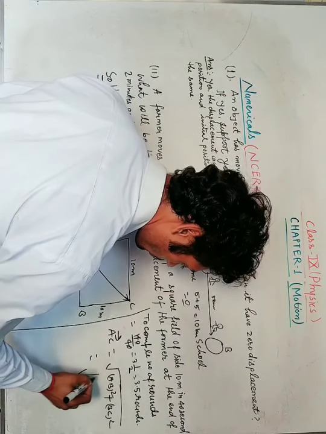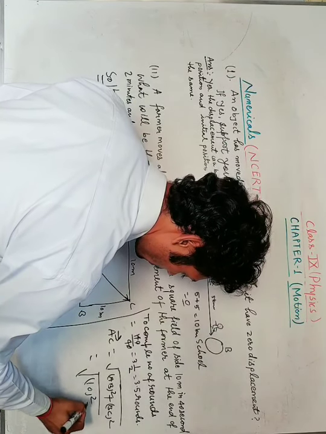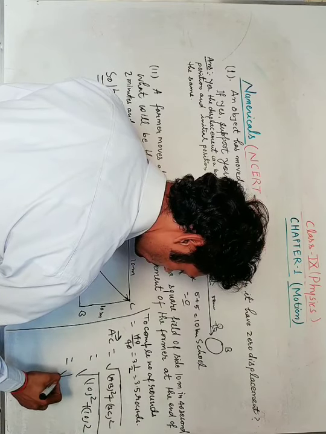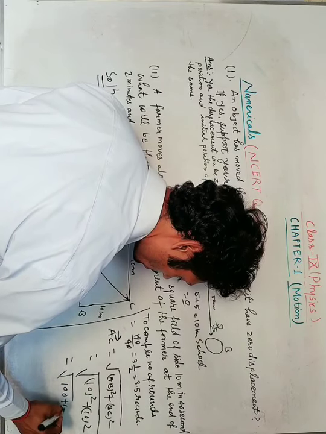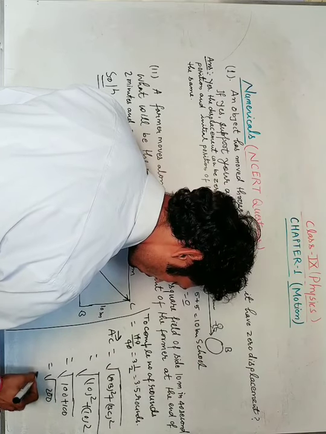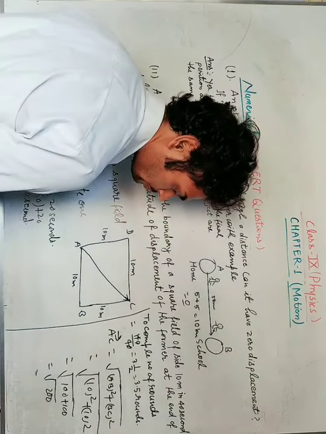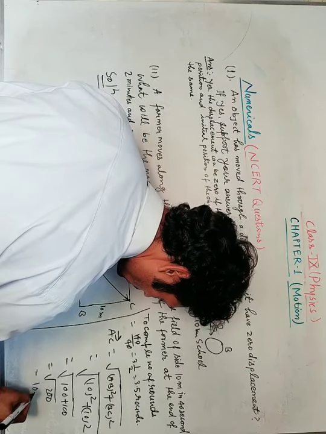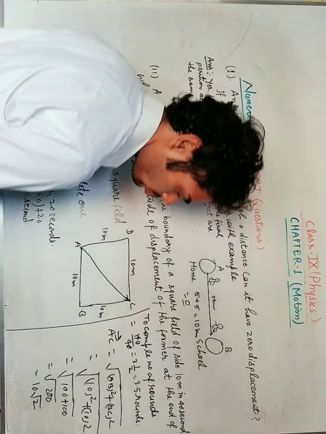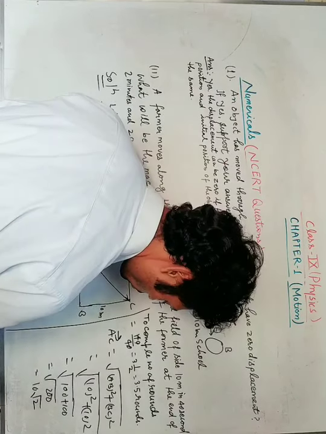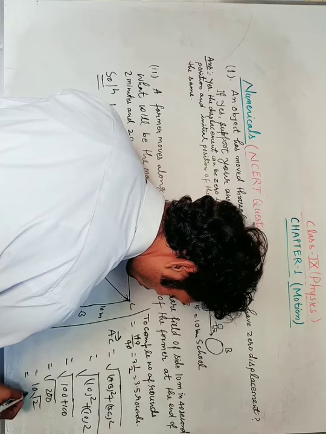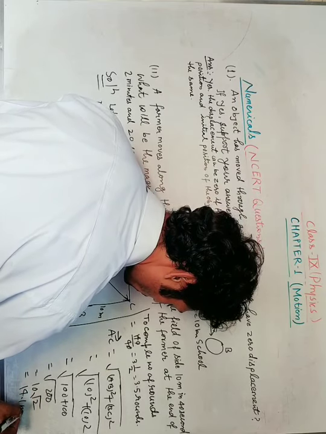It becomes under root 10 square plus 10 square, equals under root 100 plus 100, equals under root 200. Then it becomes 10 under root 2, equals 14.1 meter.